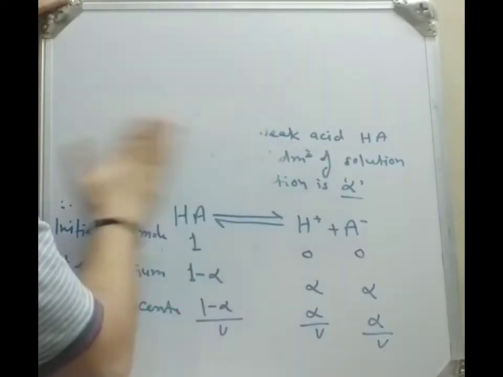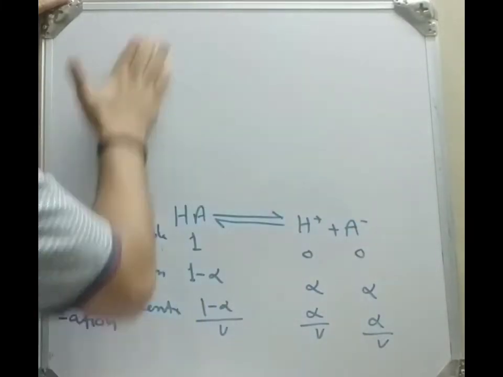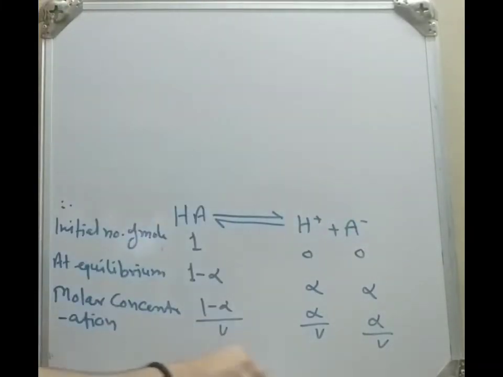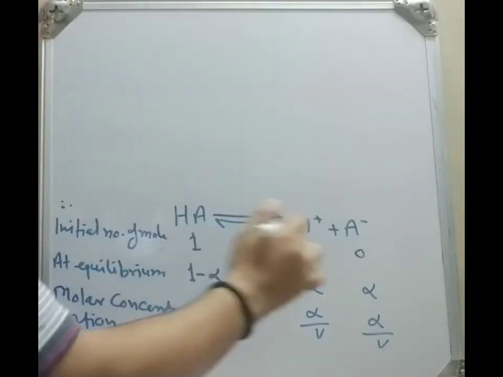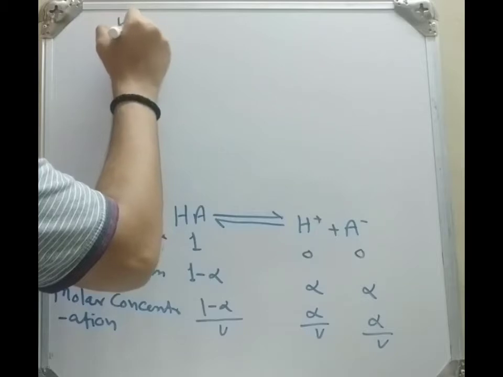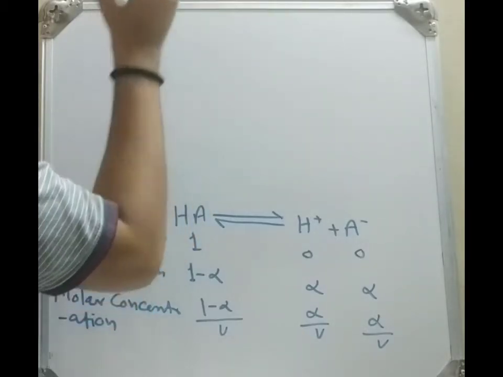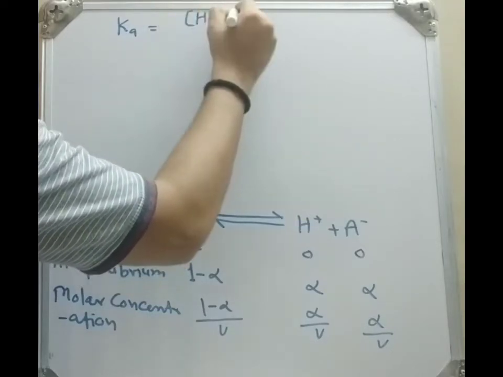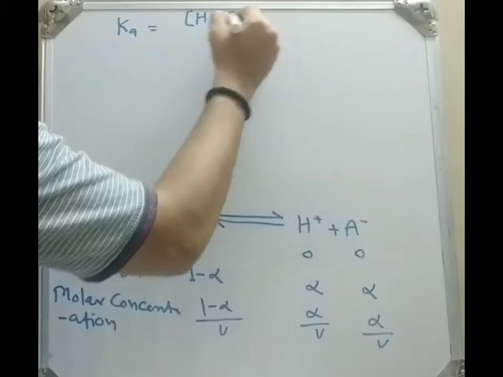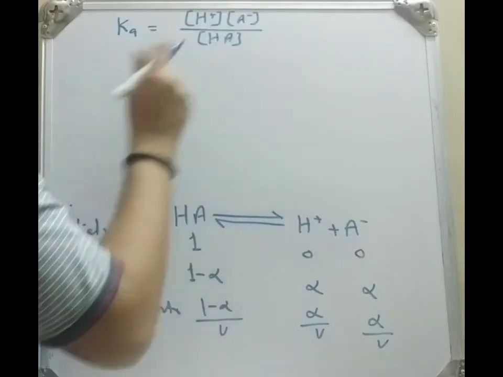We apply the law of mass action to the dissociation of the weak acid. Then we get Ka, the dissociation constant of the weak acid, is equal to H plus concentration into A minus concentration upon HA concentration.